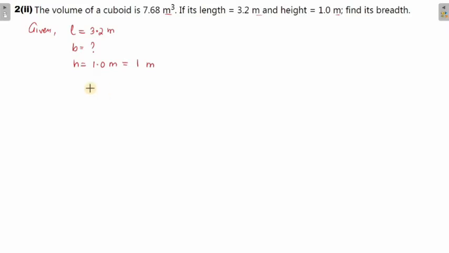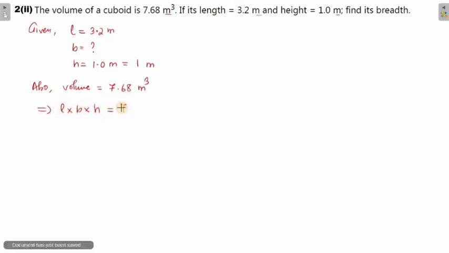Also volume is given to you. Volume is given to be 7.68 meter cube, remember.